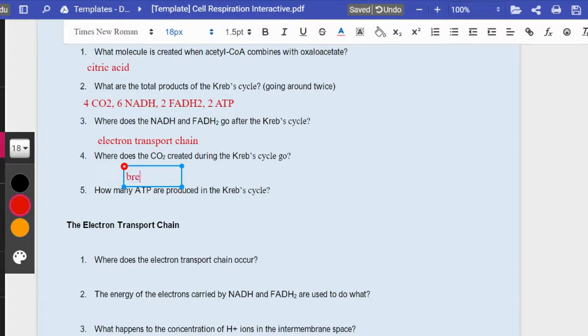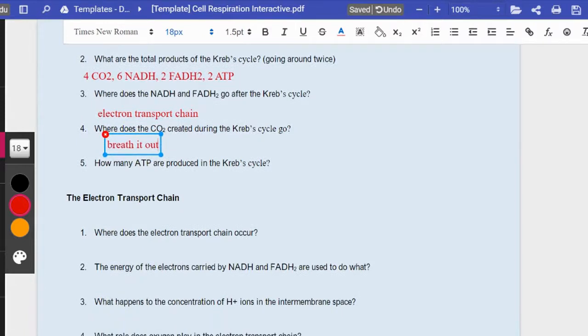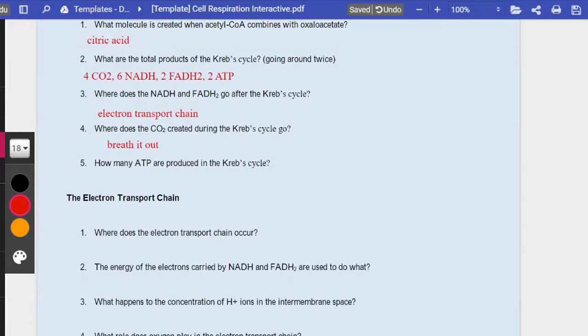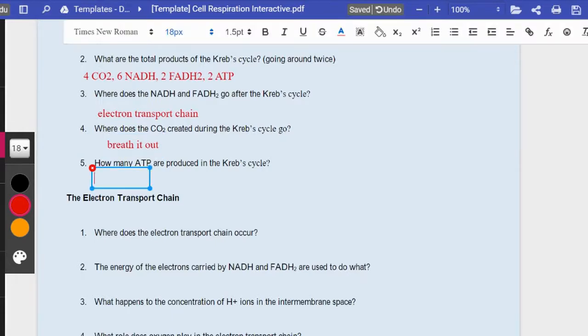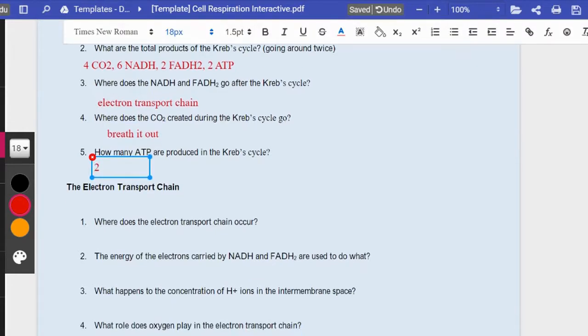Well, once again, we breathe it out. So we breathe in oxygen for cellular respiration, and we breathe out CO2 as a waste product. How many ATP are produced in the Krebs cycle? Once again, we got 2 ATP.